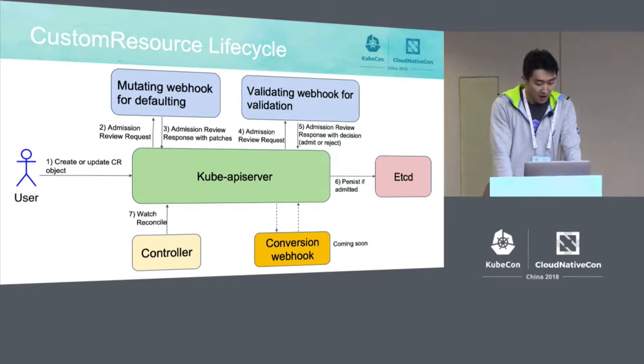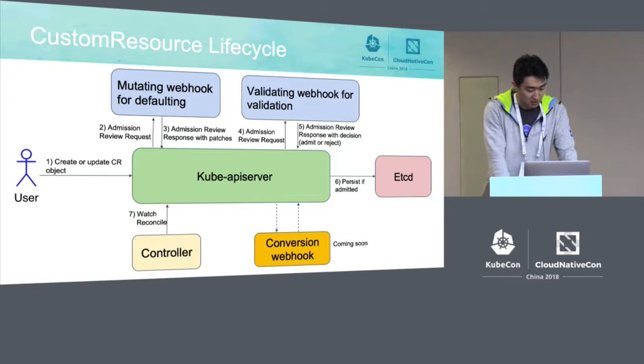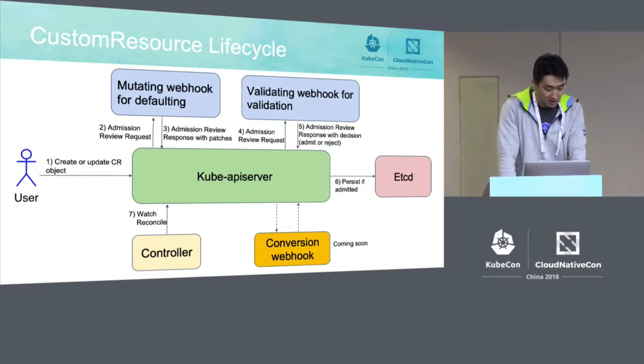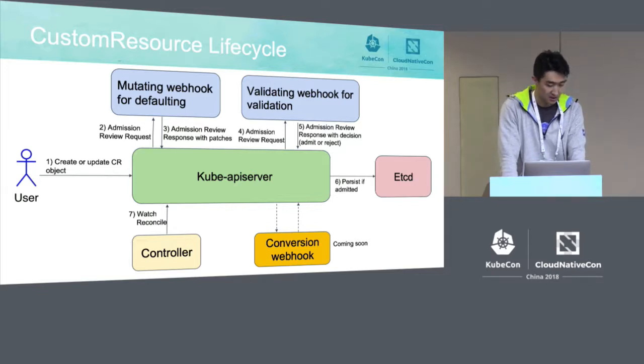And then the webhook will return the decision to the API server, either admit or reject. Then the API server will persist the object to etcd if admitted. After that, the controller watching this resource will do the reconciliation. There is another feature called the CRD conversion webhook that will be released in the near future.